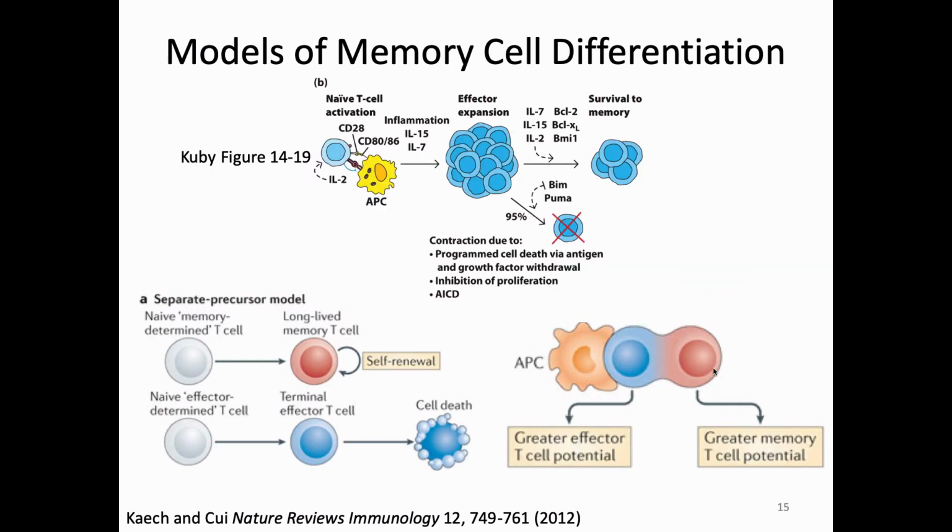Some people think that memory cells are just the ones that lived through being effector cells. Other people think that a naive cell can either turn into a memory cell or an effector cell. It has a choice.